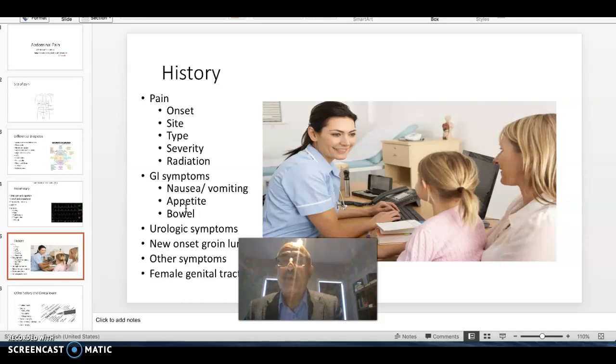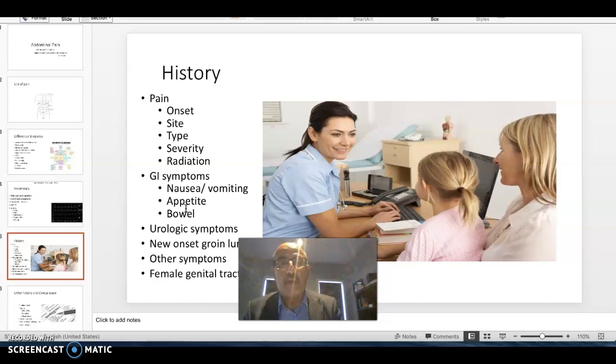Now we will go to abdominal pain and look in a little more detail at how we take history from someone with pain. What we will ask the patient about is the onset of the pain. How did the pain start? Did it start suddenly?